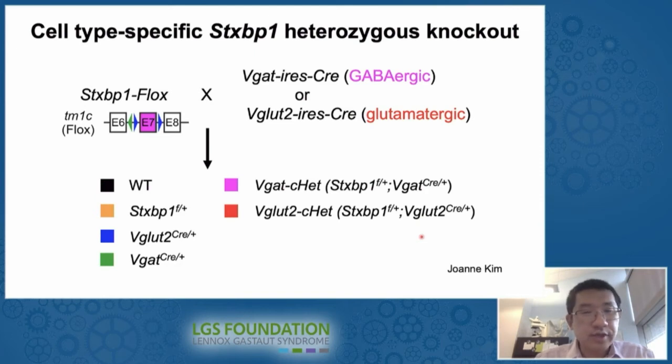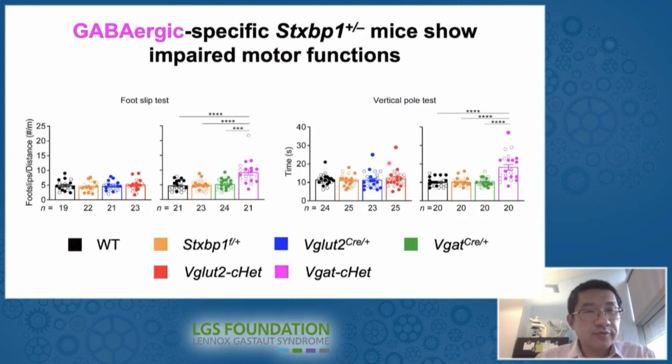So now we compare these two types of heterozygote knockouts. First, again, in the motor function assays, the foot slip or the vertical pull test, you immediately saw that the impairment only shows up in the VGAT heterozygote mutant animals, whereas the glutamatergic heterozygote mutants are quite normal compared to all 3 control groups.